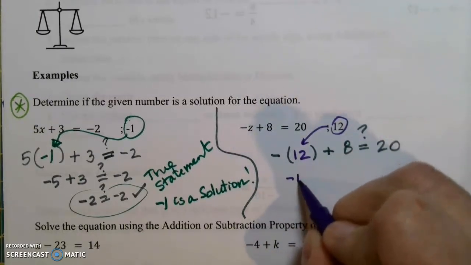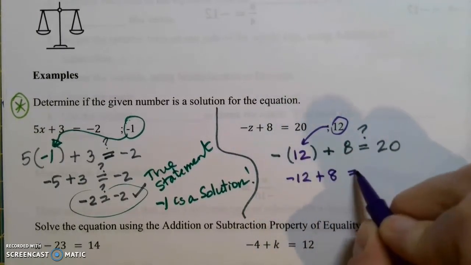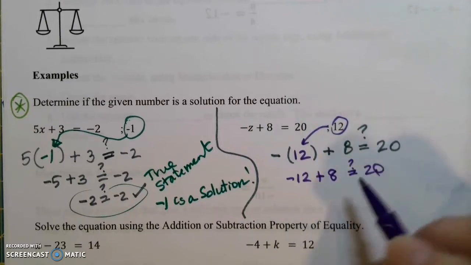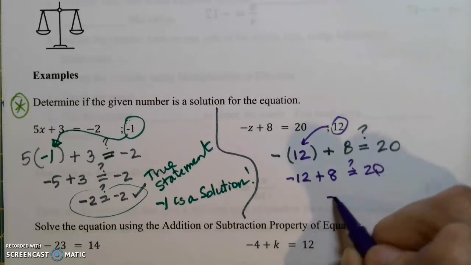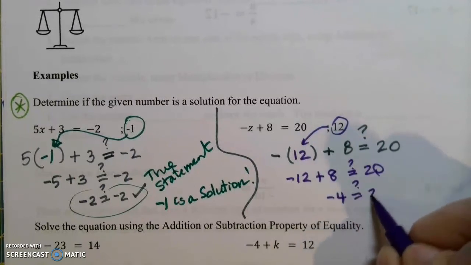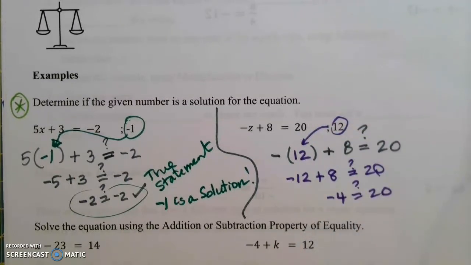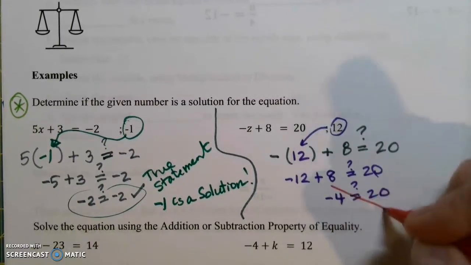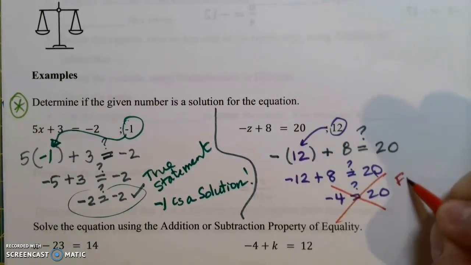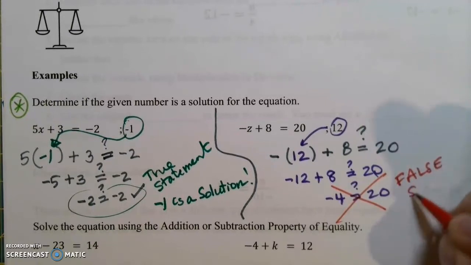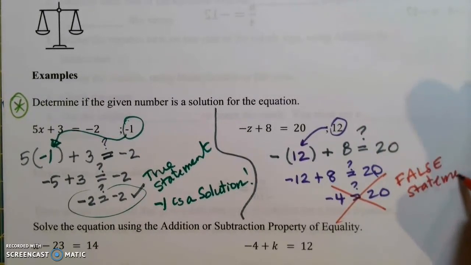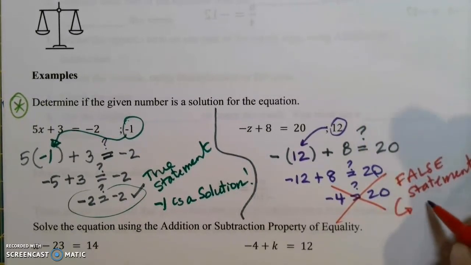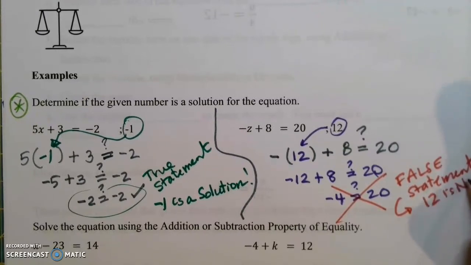So this would give me -12 plus 8, checking to see if that's going to equal 20. -12 plus 8 is actually going to be -4. So this is not true, right? -4 does not equal 20. This is a false statement, which means that 12 is not a solution.